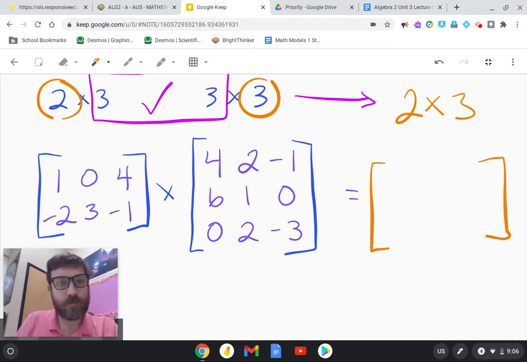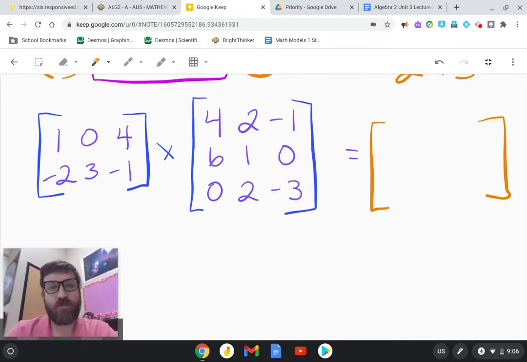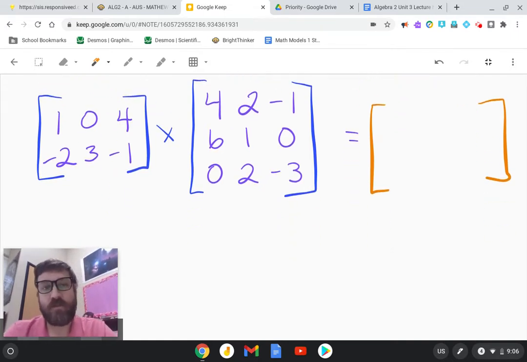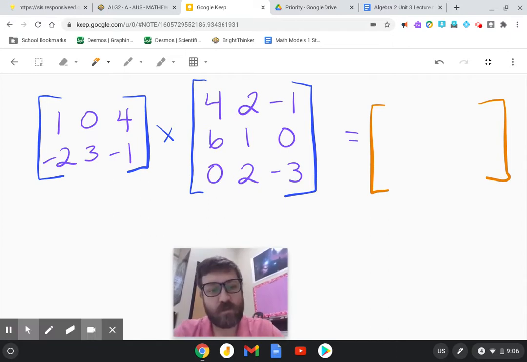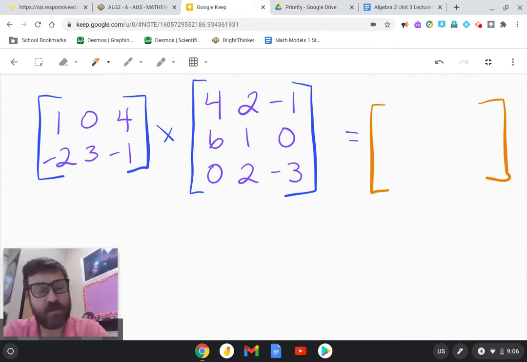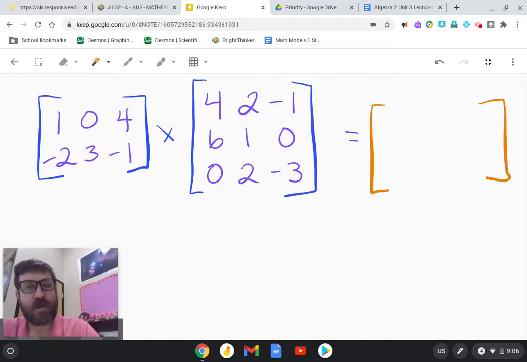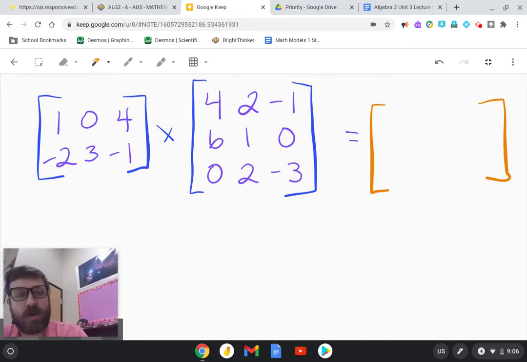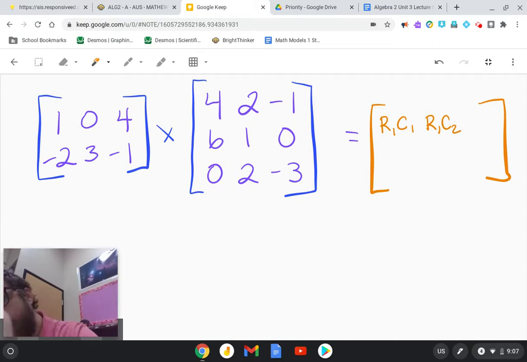All right. The way this is going to work is we are going to multiply each row times each column. At the end, in my answer matrix, I'm going to write a little code to tell you what you're going to multiply. In the first position, you're going to do row 1 times column 1, row 1, column 2, and row 1, column 3.